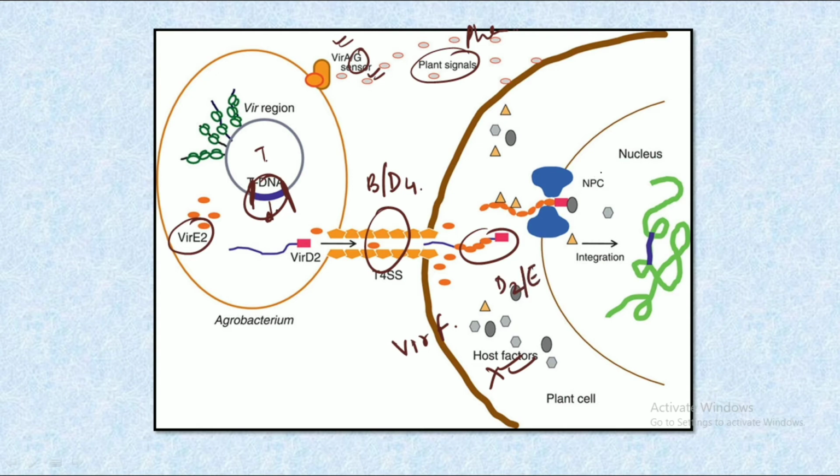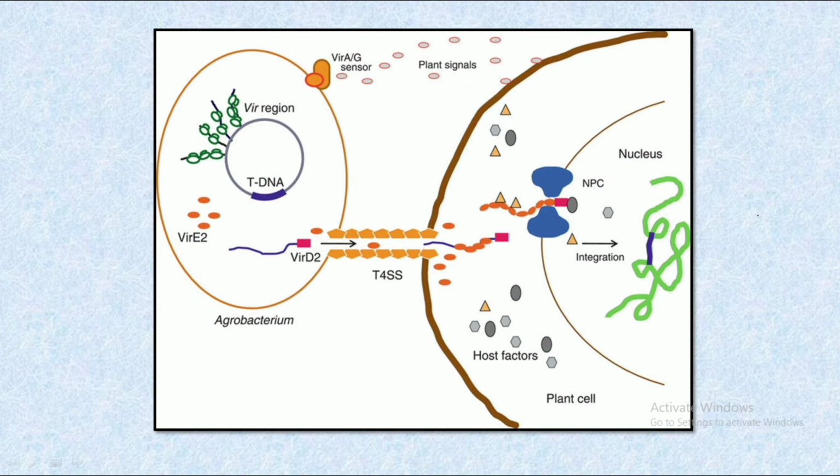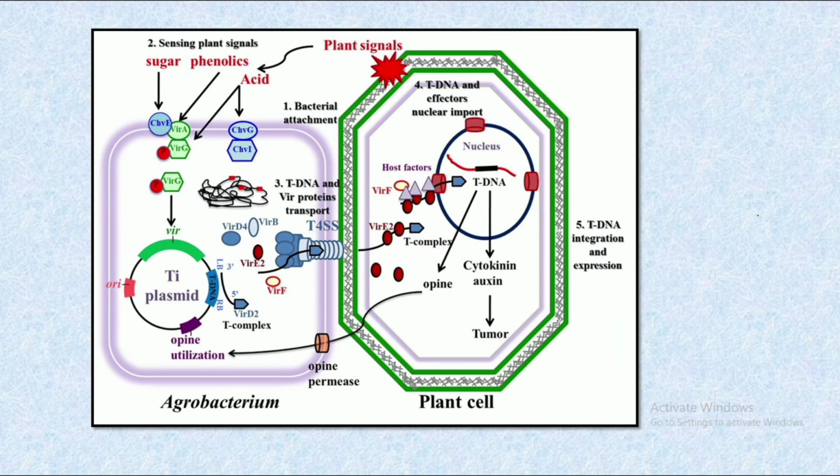With the help of the nuclear pore complex, there occurs the entry of the tDNA from the cytoplasm into the nucleus of the cell, and then there occurs the integration of this tDNA into the genome of the plant cell. So this is the basic mechanism that is taken up by the tDNA. This is the elaborate way in which the complete process occurs.